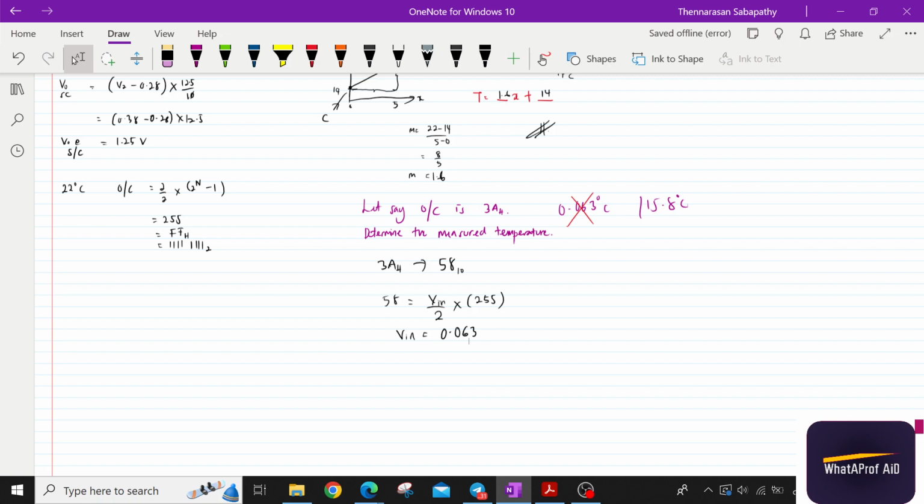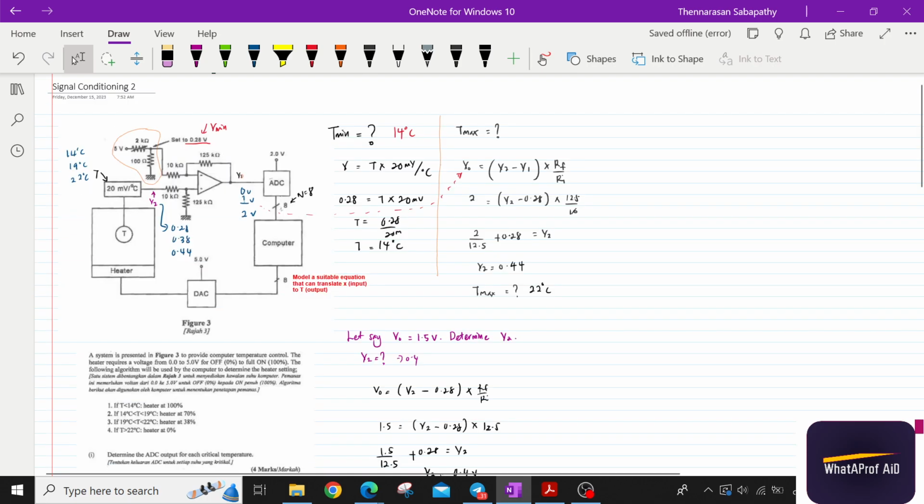Please calculate properly. Don't make silly mistakes. 0.455, which is at this place, after the signal conditioning, or before the ADC.